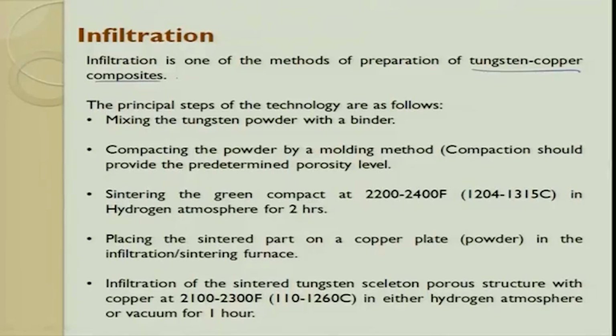I said there are many methods, and any metal matrix composite can be produced by any process, but you always look at the best output in terms of energy and performance. Then you choose it. So here in infiltration, you mix the tungsten powder with a binder, then compact the powder by a molding method, then sinter the green compact at 1200 to 1300 degrees Celsius in a hydrogen atmosphere so that no reaction gets formed.